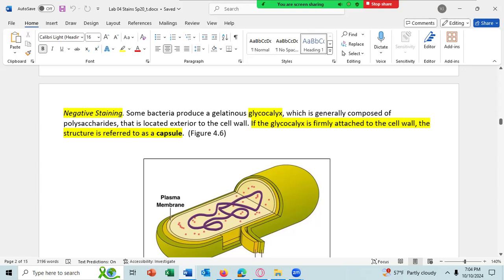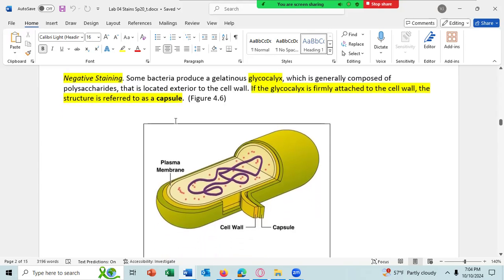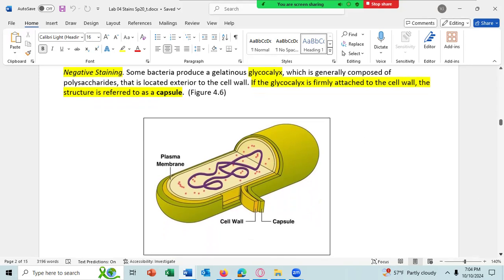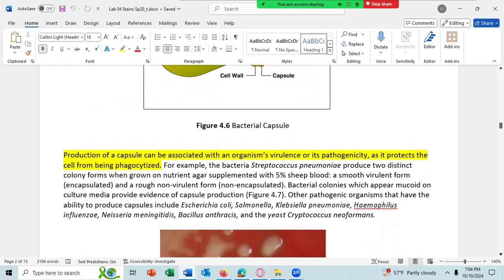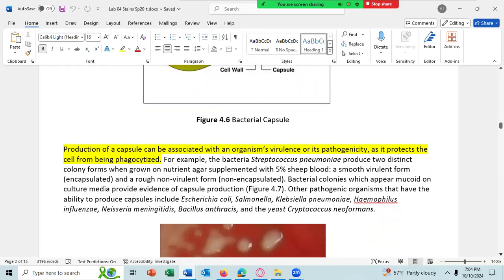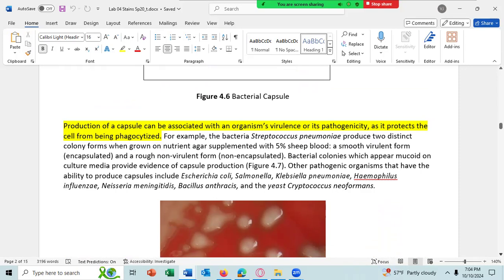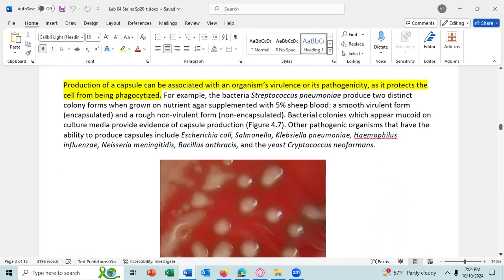All right, so let's talk about the capsule stain, also called the negative stain, because this capsule stain is simply using one dye to stain the background of the slide and perhaps the cell, but not the cell capsule.